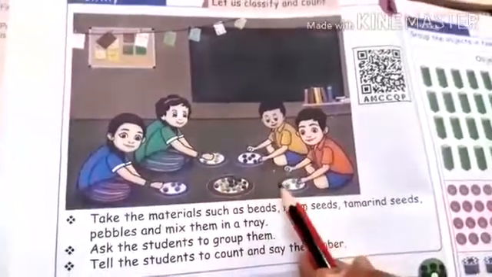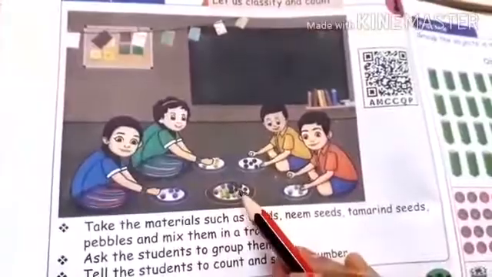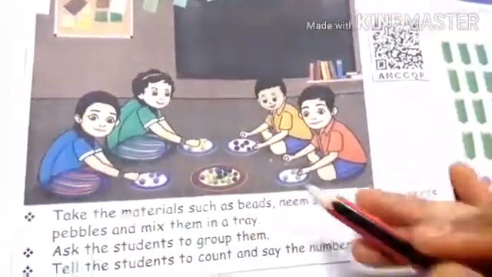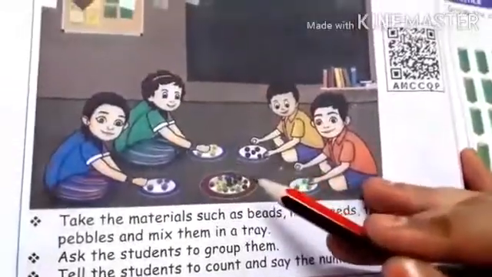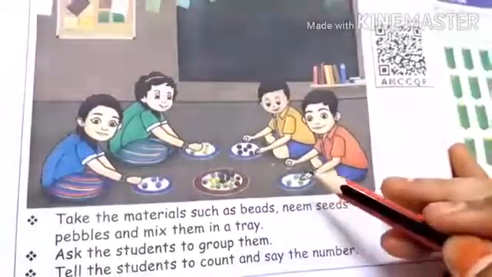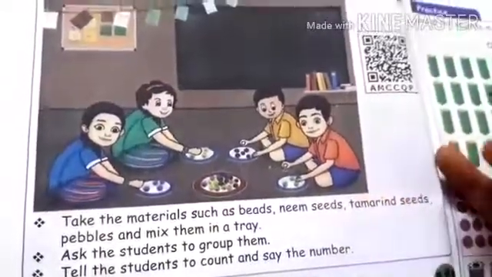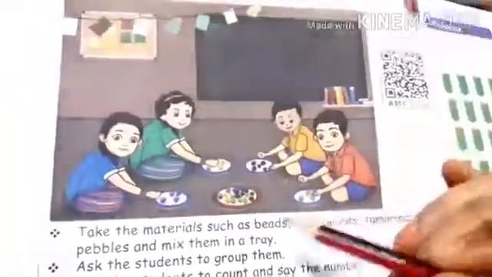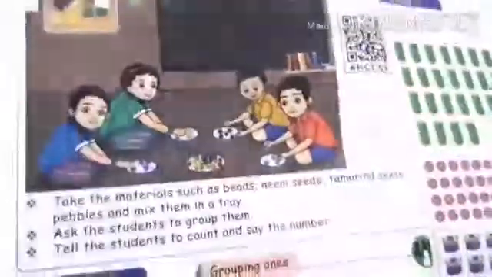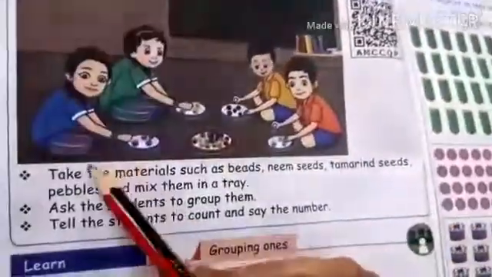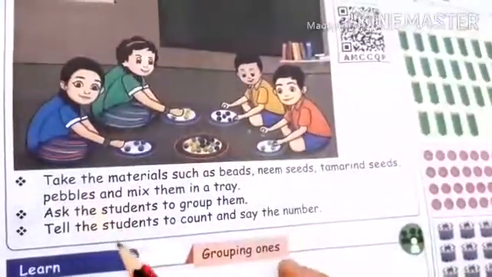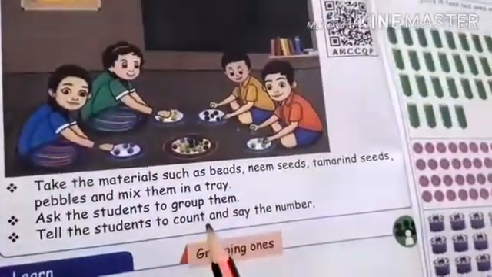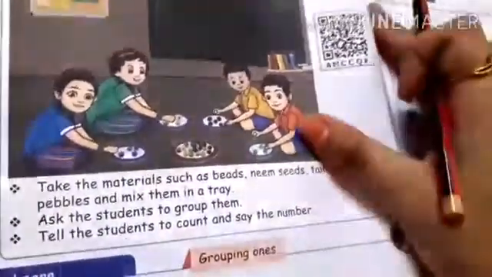So you have to group one by one. For example, if you are taking neem seeds, you have to collect all the neem seeds in another plate. Okay. So like that you have to collect tamarind seeds and have to keep it separately. So like that, pebbles you have to collect and keep it separately. So after separating each and everything, you have to count and say how many is there.